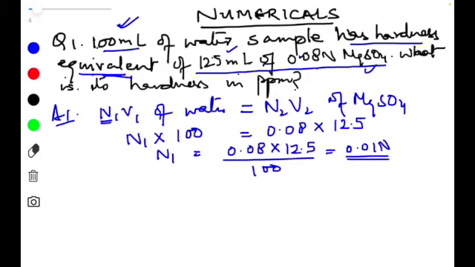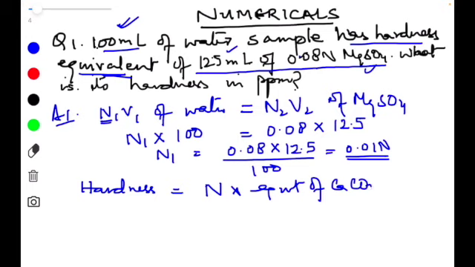Still I am not having the hardness. So how do I calculate the hardness? You know it very well. It is expressed in milligrams per liter or parts per million. So my hardness will be equal to what? It is equal to the normality of my sample into the equivalent weight of calcium carbonate.